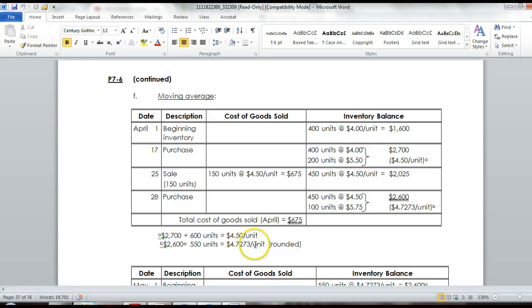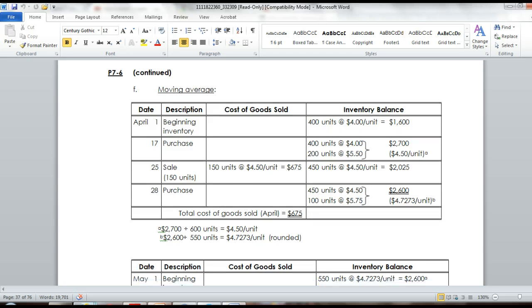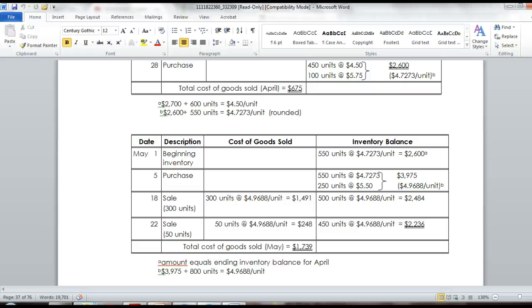So we're going to show our beginning inventory for May to be the ending inventory in April. So as we carry this forward, 550 units at $4.7273. We've got our $2,600.